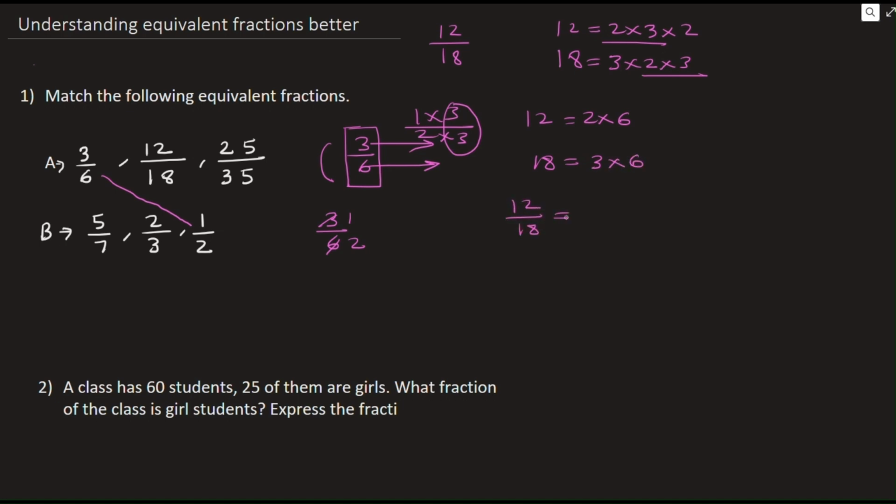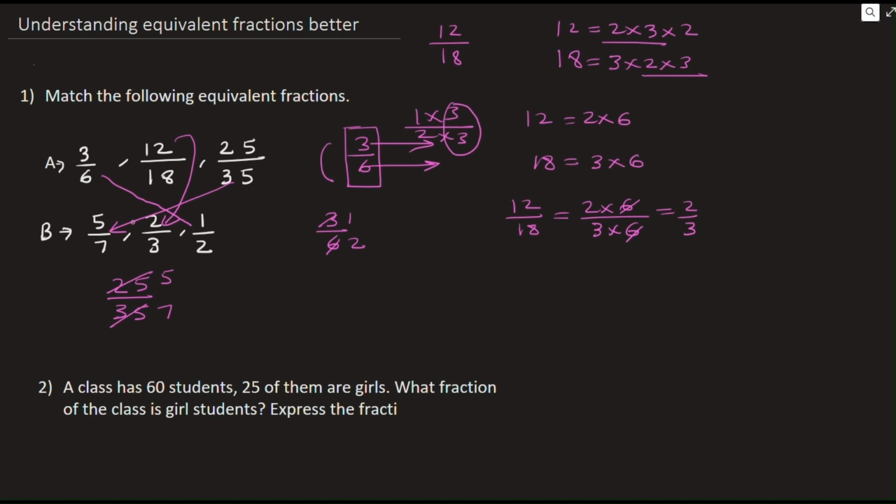So 12 over 18 equals 2 times 6 over 3 times 6, and the common factor 6 is cancelled out, and this equals 2 over 3. So 12 over 18 corresponds to 2 over 3, and in the last, 25 over 35, I can say 5 is a common factor. I cancel out 5. 5 times 5 is 25, 5 times 7 is 35. So this corresponds to 5 over 7, right?